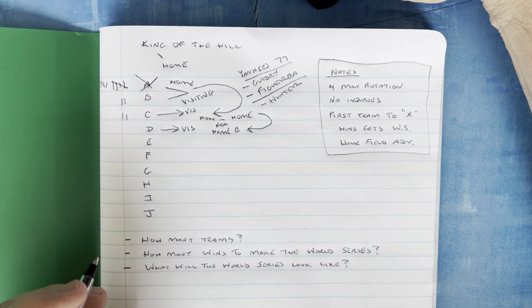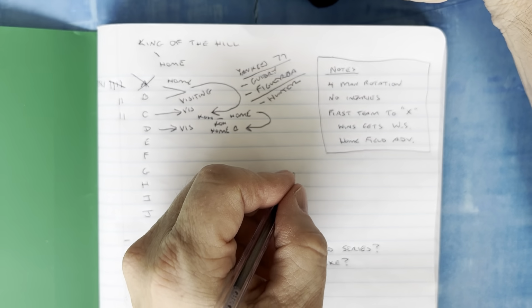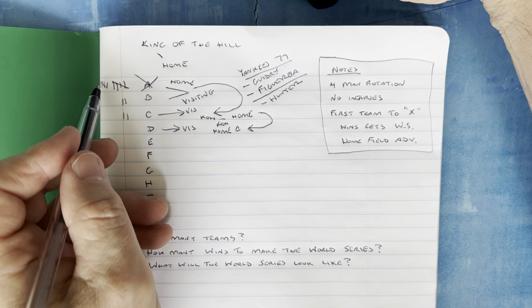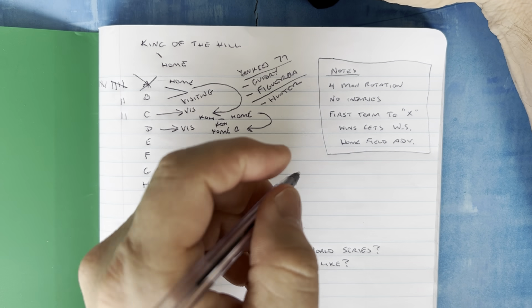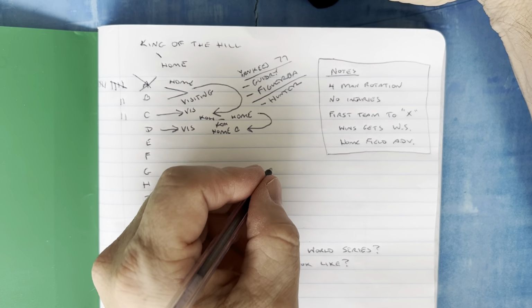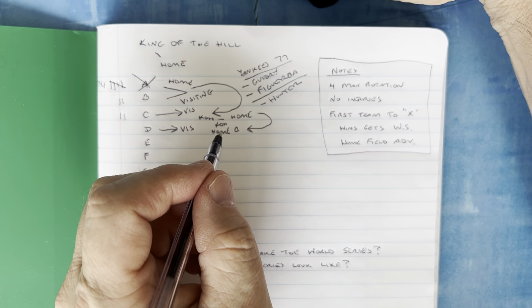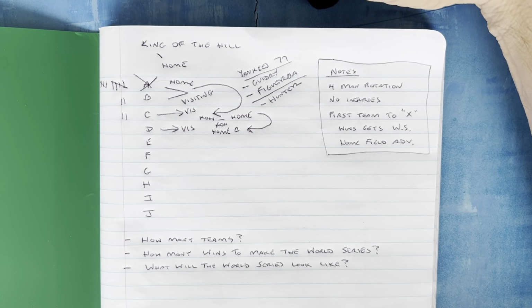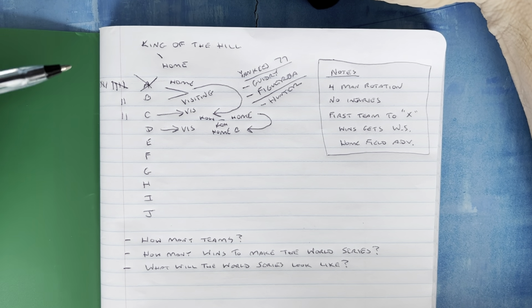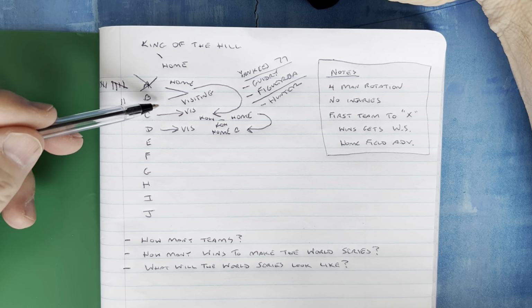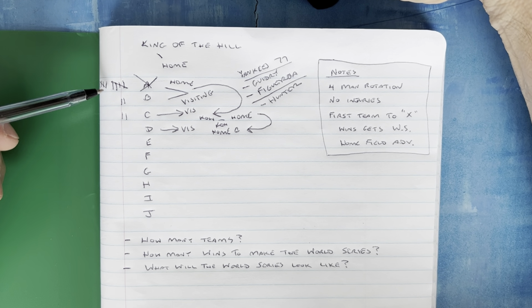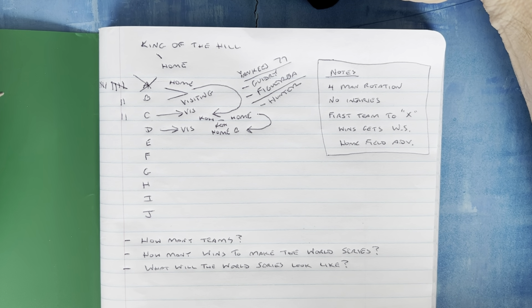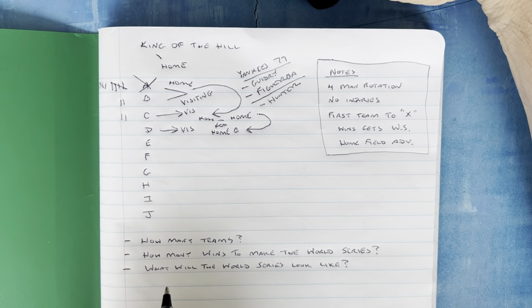Once you decide, so you get your first team to the World Series, whoever gets to 10 or whatever amount of wins you want, they get the home field advantage. The second team is the other team in the World Series. You shouldn't have any ties because of the structure of the King of the Hill. Someone's going to be the second team to get in, and they will be your other World Series team.